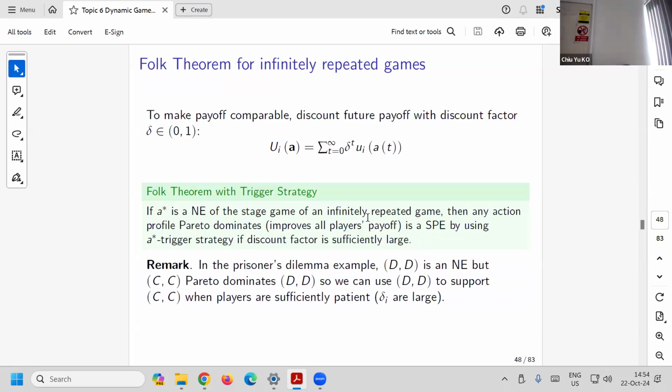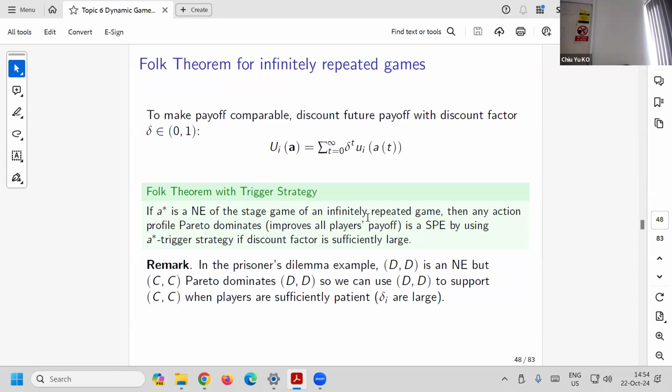As we can see, in the repeated game, CC is sustained when the delta is more than one quarter.